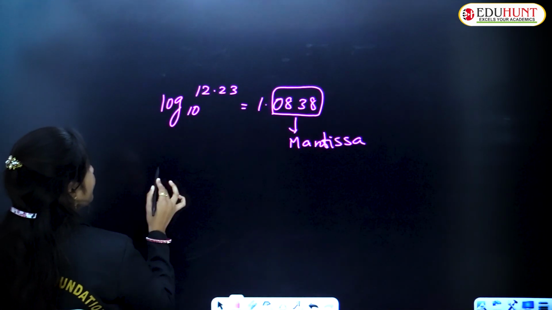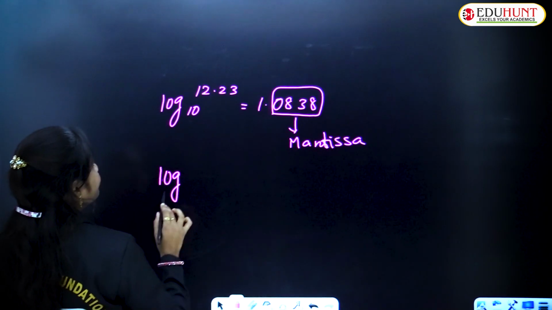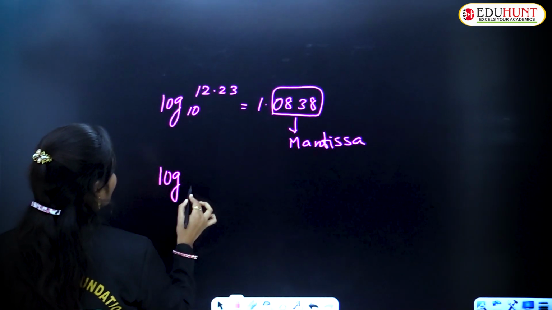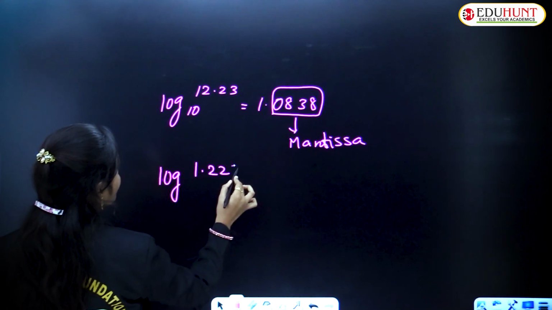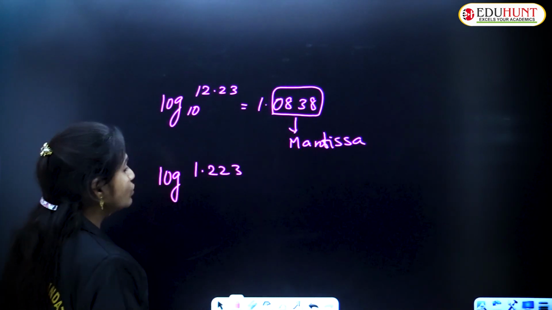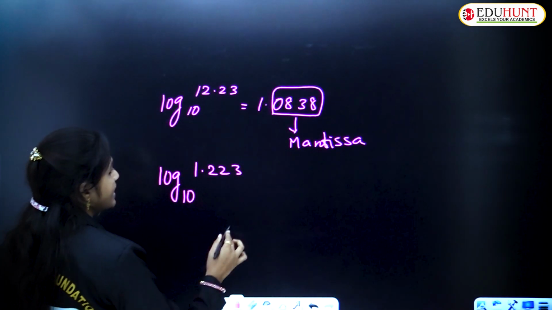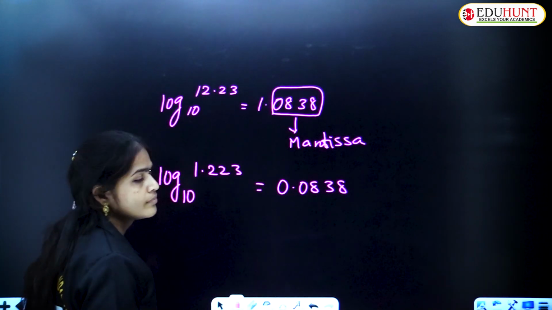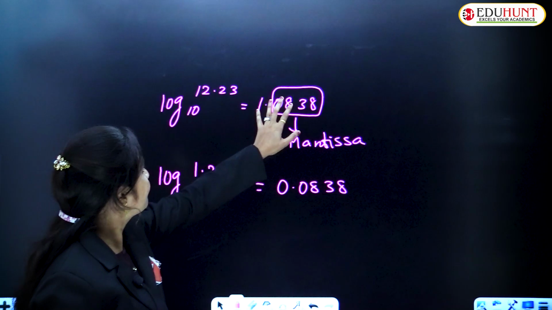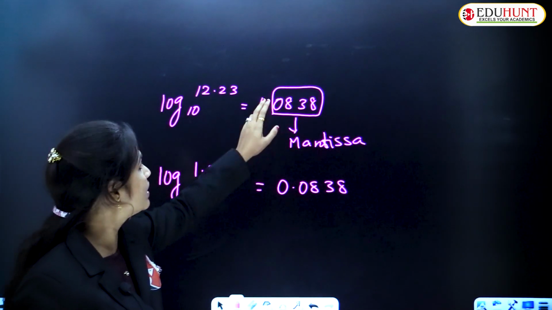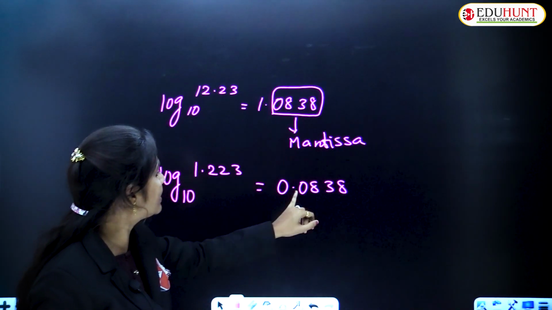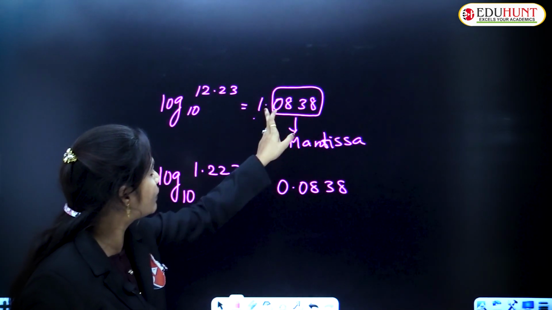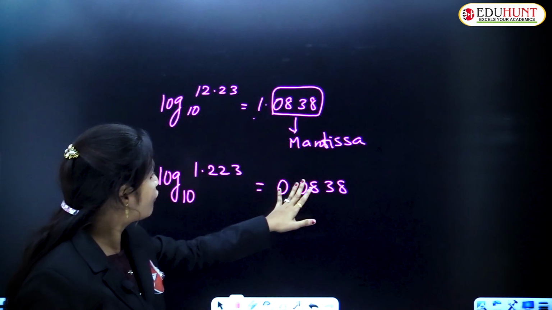Okay, here if you multiply this one with 10 to the power of n, for example if you multiply it with 10, then what will you get? 1.223, then log of 1.223 to the base 10 equals 0.0838. So here the number of significant digits is the same: 0838 here, also 0838. Here all the digits, 1.0838, 1 2 3 4 5, here also 5 digits are there.